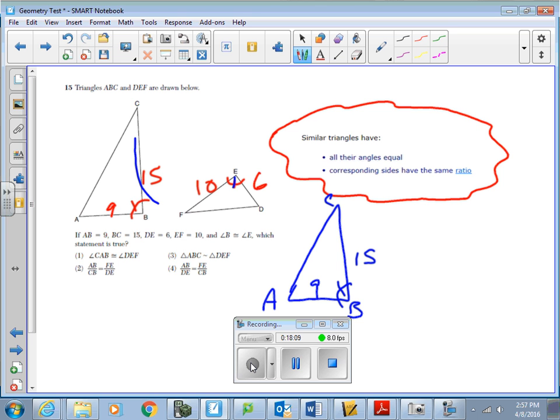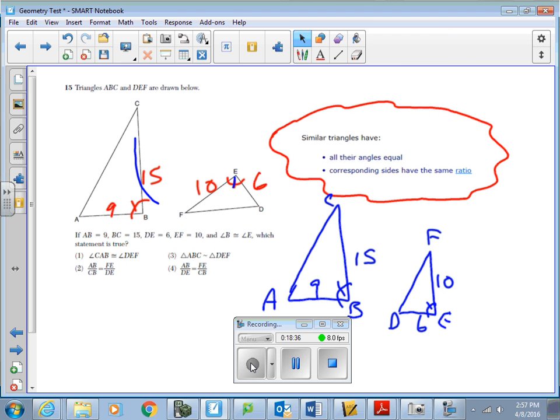It might look right, but it doesn't say anywhere in here that it's right. Then I'm going to draw my other one after I've shifted it. So after I've shifted it, my E is here. Remember, that's corresponding. My F is up here, and my D is here, and my EF is 10, and my ED is 6. Now, is CAB congruent to DEF?